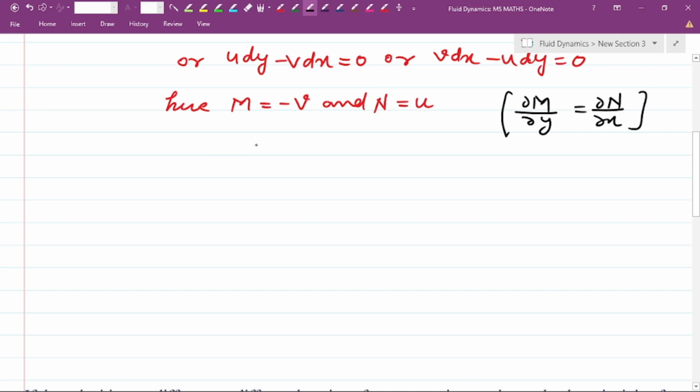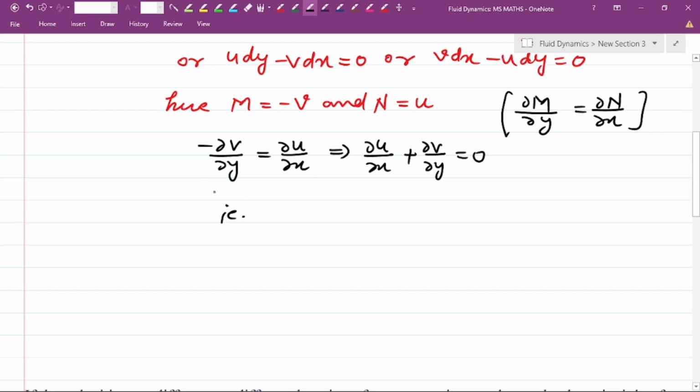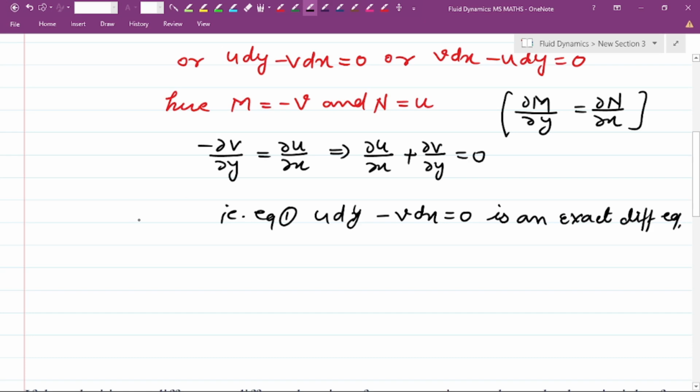If it is an exact differential equation, then it is basically minus dou v by dou y is equals to dou u by dou x. Then it means I can write dou u by dou x plus dou v by dou y is equals to 0. It means equation 1, u dy minus v dx is equals to 0, is an exact differential equation.